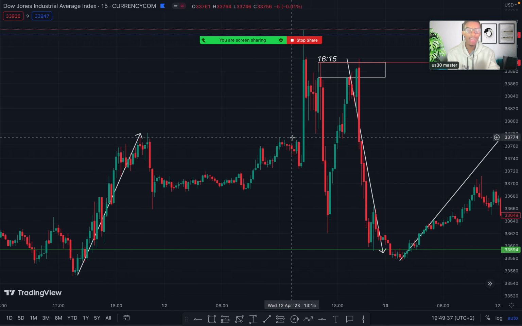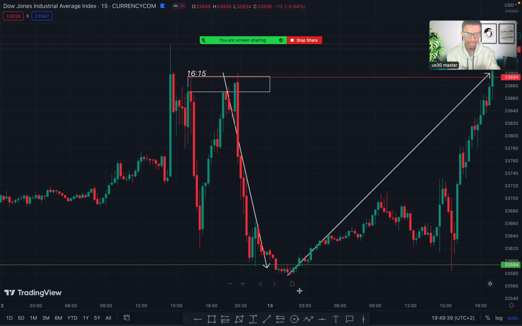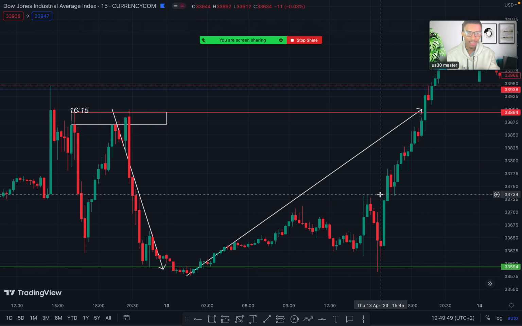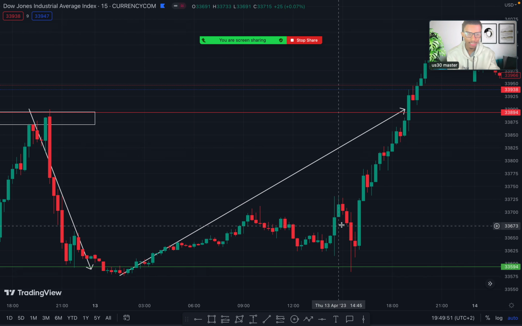So we're going to check another resistance. Here's another resistance. We see that this was a strong buy, so it rejected something there. We don't know what, but because we're looking for 16:15, let's try to check where 16:15 is.